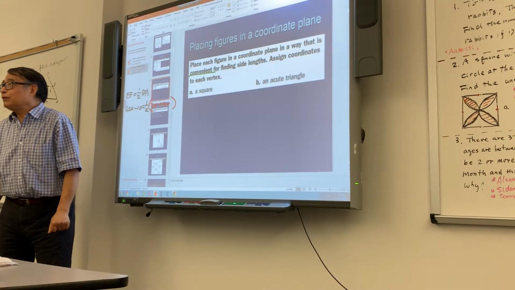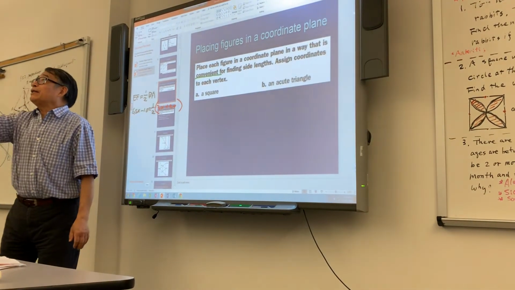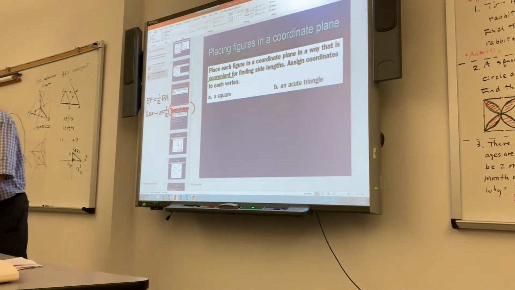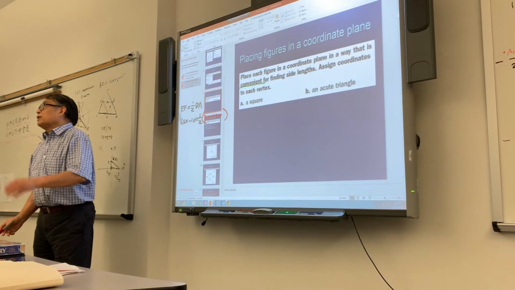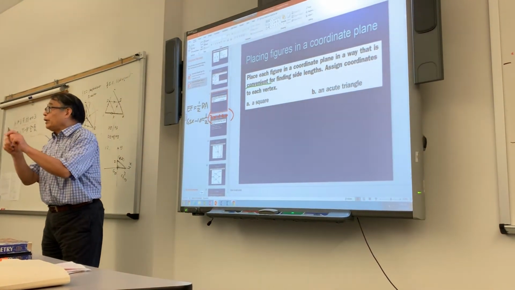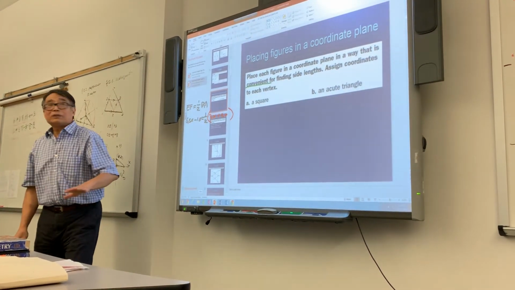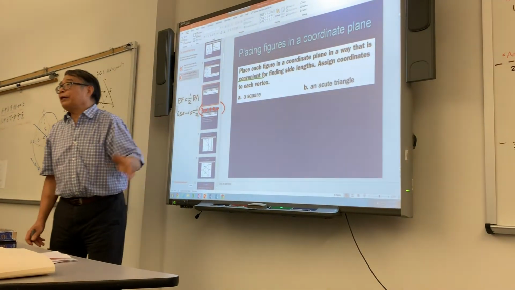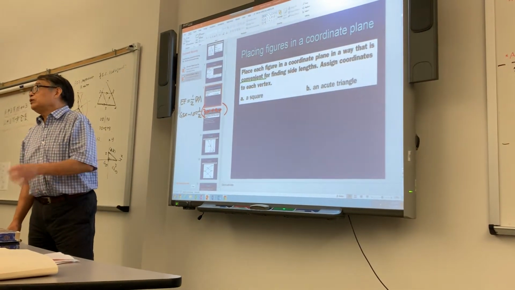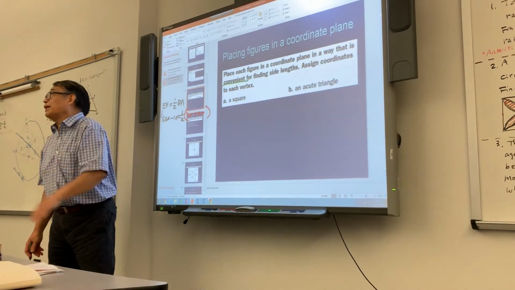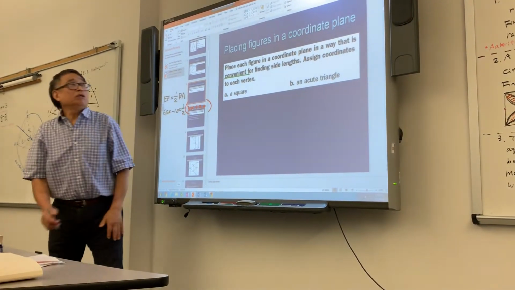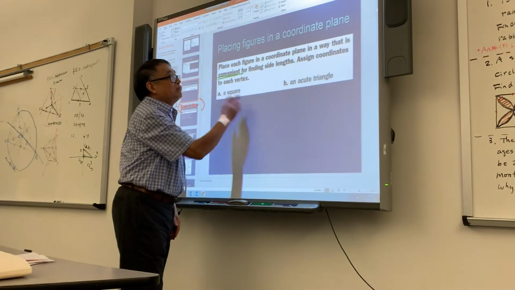What is convenient? Easy? Yes. Make solving the question much easier. Theoretically, you can put it anywhere and solve it. But I tell you the truth: if you put it in a place that is not convenient, you cannot solve it. Maybe only 2 or 3 minutes if convenient; otherwise you use 1 day and still cannot solve. Do you understand, please? So this is a very smart way, convenient.